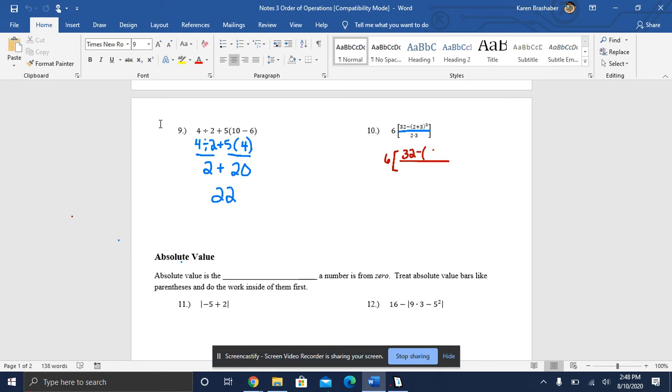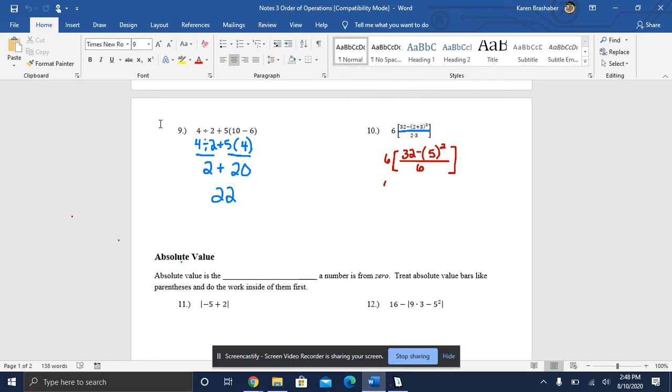So 2 plus 3 gives me 5. I have an exponent that I haven't used yet, and I'm going to write that big bracket. Now I can go ahead and do the denominator because it's in its own area, its own parentheses, you might think. So 2 times 3 in the denominator, that's 6.